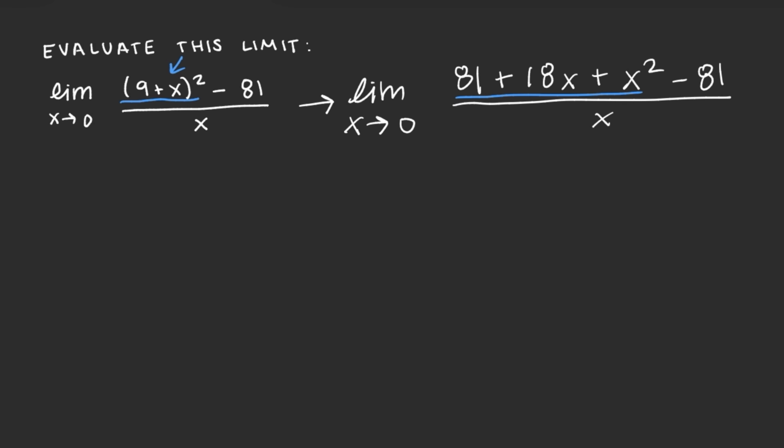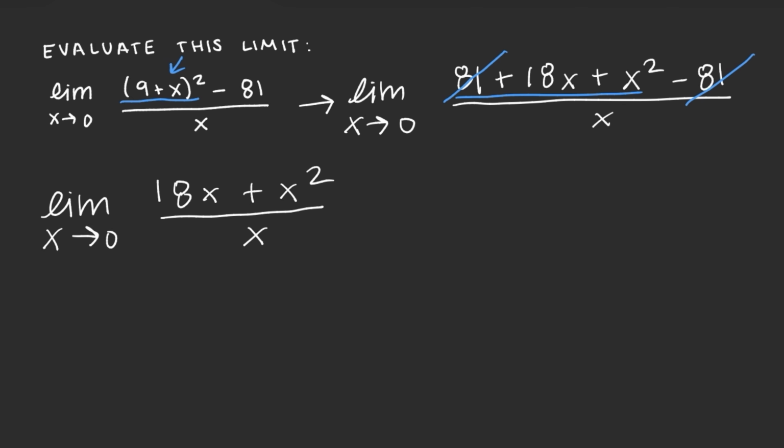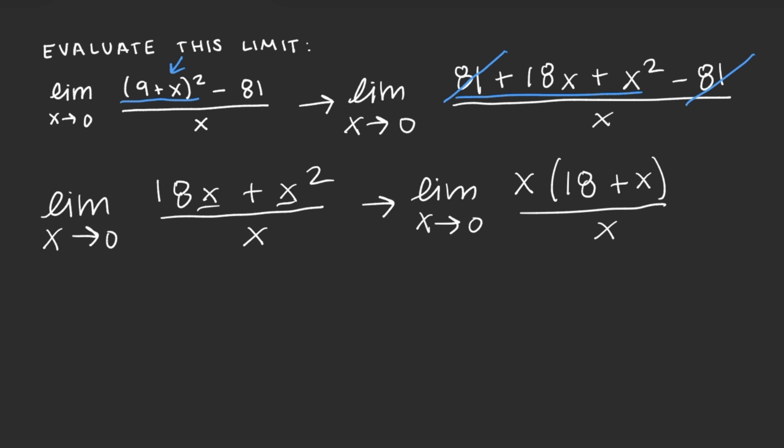So maybe you can already tell, but this 81 will cancel out with the negative 81, and we'll be left with the limit as x approaches 0, 18x plus x squared over x. And because they share an x, we can go ahead and factor out 1 x, which will leave us with the limit as x approaches 0, x times 18 plus x over x.